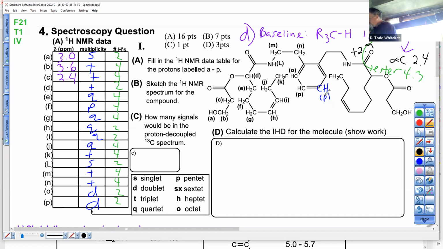What do you do to get from 1.5 to 2.4? You add 0.9. Combined, you add 3.8. 1.5 plus 3.8 will be your prediction. 1.5 plus 3.8 equals 5.3.